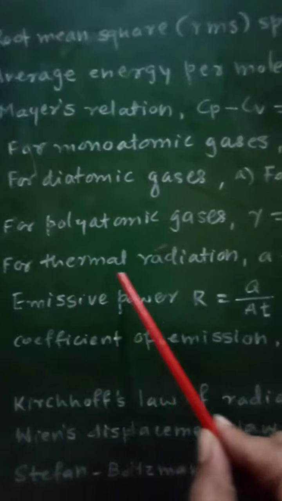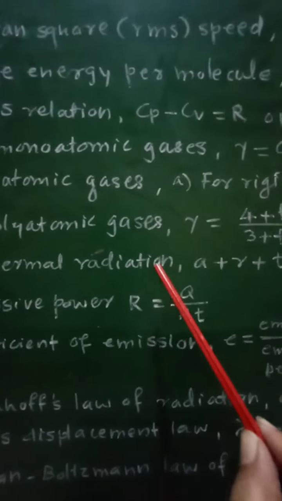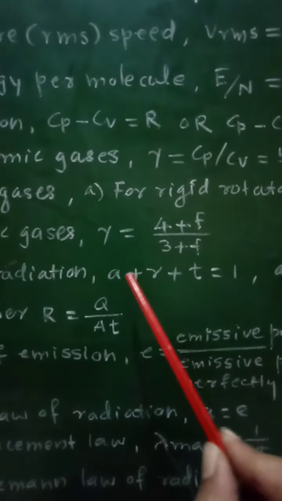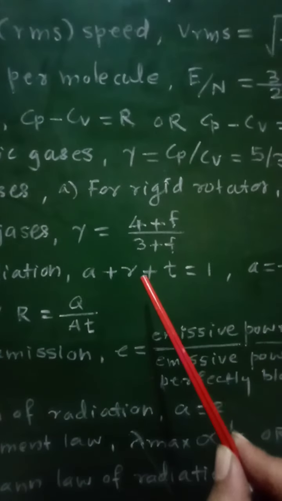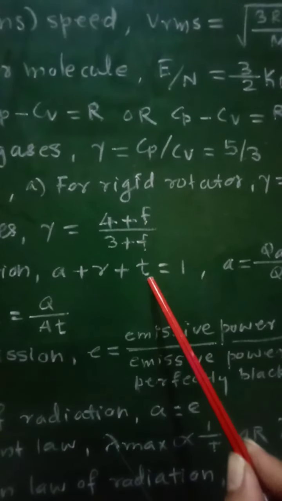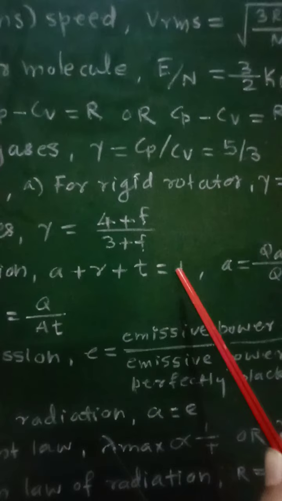Then 15th formula, for thermal radiation: sum of coefficient of absorption, coefficient of reflection and coefficient of transmission is equal to 1.